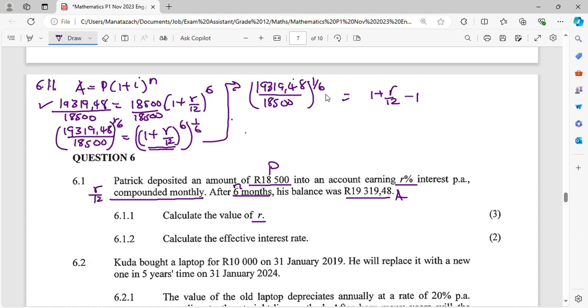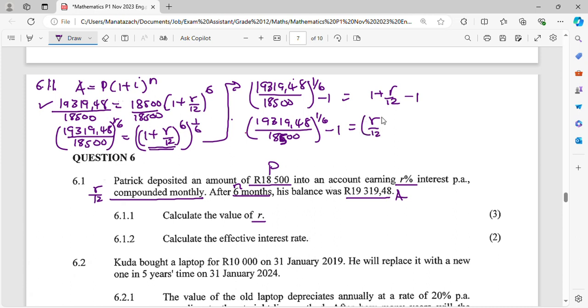You can subtract 1 on both sides so that you only have R over 12 on the right hand side. Then you can take it a bit further by multiplying both sides by 12, which I'm going to do on this step. So we have 19,319.48 over 18,500, everything to the exponent 1 over 6, then minus 1, equals R over 12.